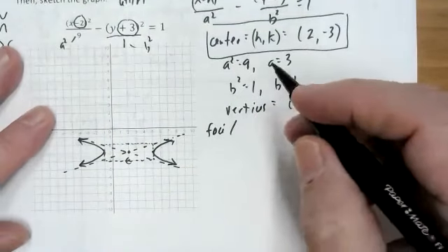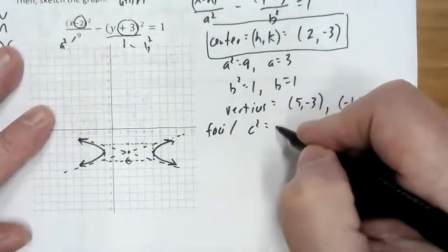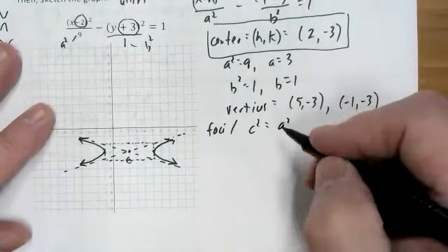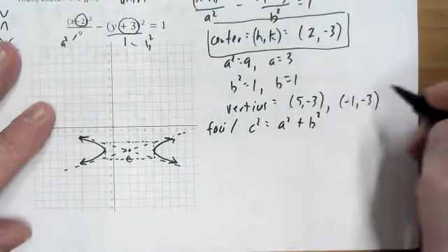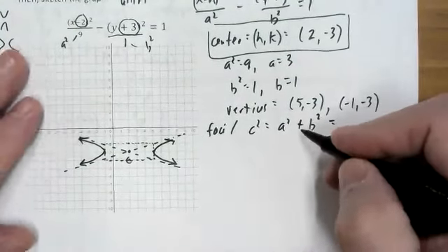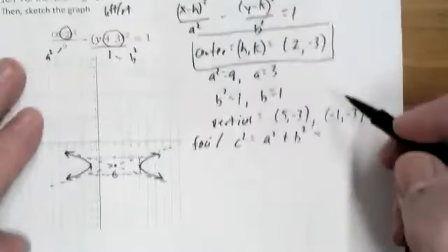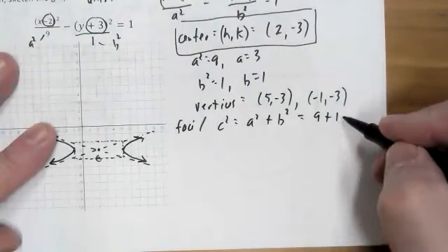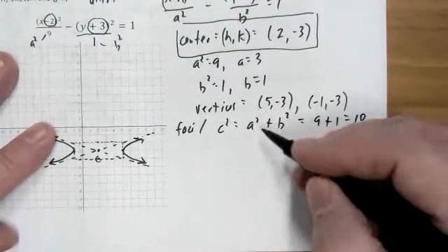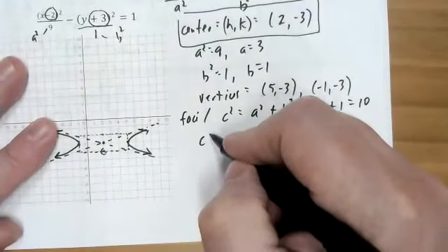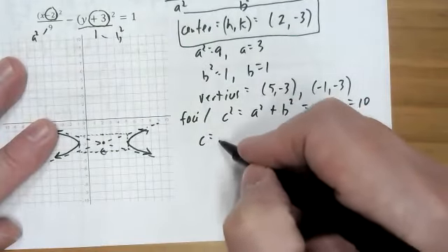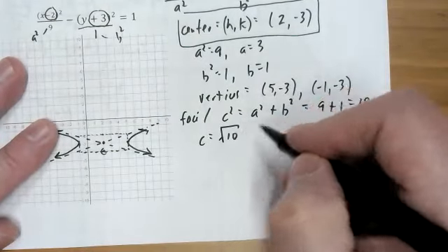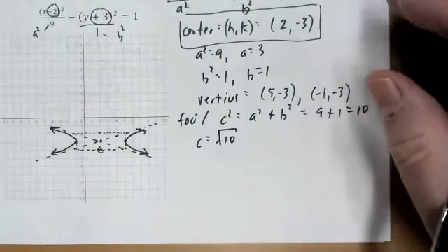So for the foci, I'm going to use this equation. A squared is 9. B squared is 1. So C squared is 10. So if I take the square root of both sides, C is the square root of 10.